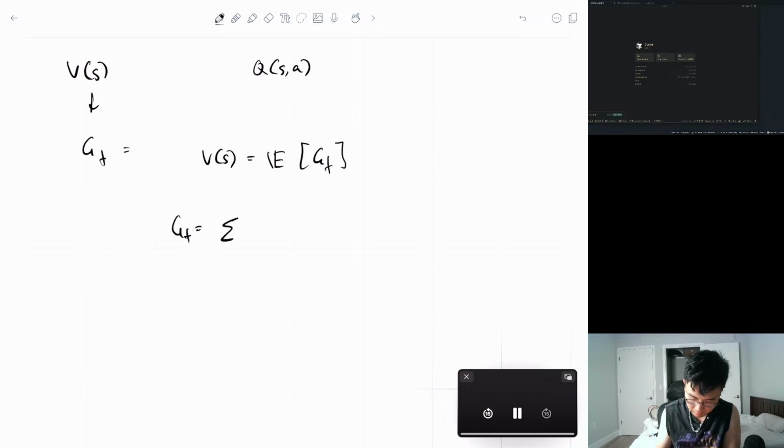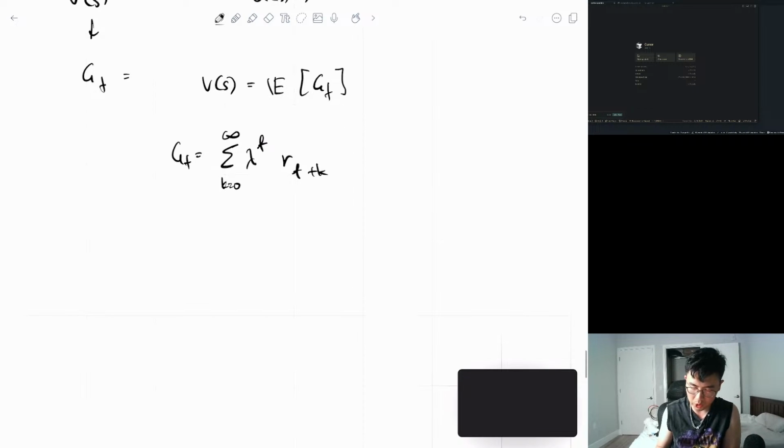So this is the sum of gamma to the t times the rewards, where G of t is the sum of expected rewards.